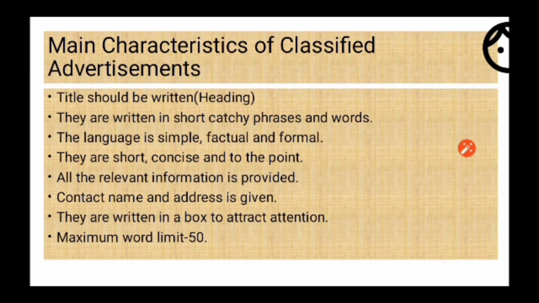The language is simple, factual, and formal. The language which you use to write the advertisement should be very simple, very factual and formal. Don't use artificial language, don't use flowery language like you write in stories, poems, etc. Don't use such language. Your matter should be crystal clear.